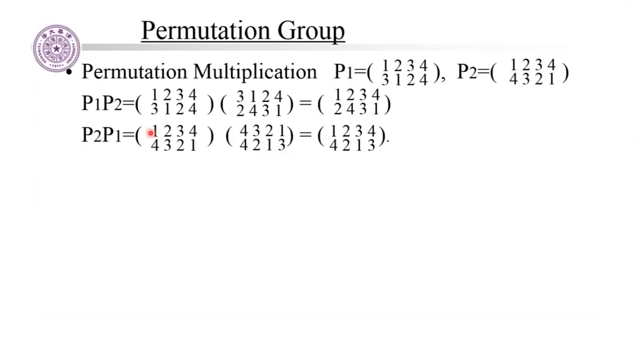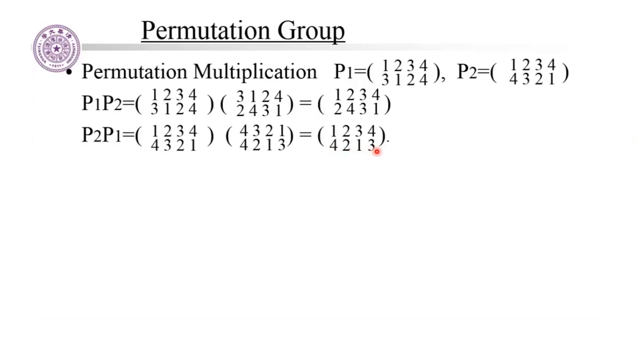Then we apply P1 again: 1 is transformed into 4, then 4 into 4, so 1 is transformed into 4. 2 is transformed into 3, 3 into 2, therefore 2 is transformed into 2. 3 is transformed into 2, 2 into 1, therefore 3 is transformed into 1. 4 is transformed into 1, 1 into 3, therefore 4 is transformed into 3. The answer of P1 times P2 is 1, 2, 3, 4 transformed into 2, 4, 3, 1. But for P2 times P1, the answer is 1, 2, 3, 4 transformed into 4, 2, 1, 3.